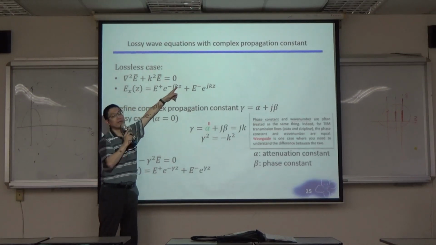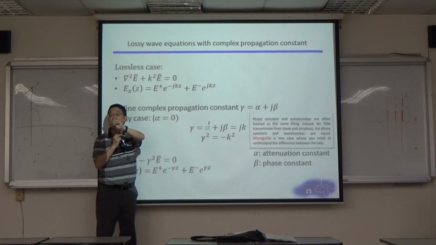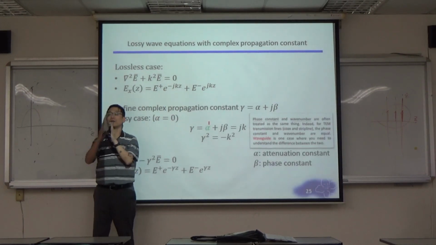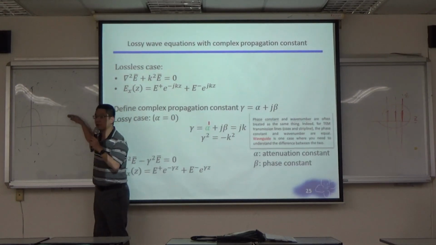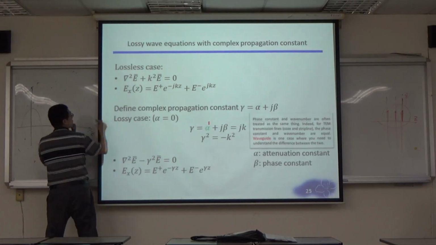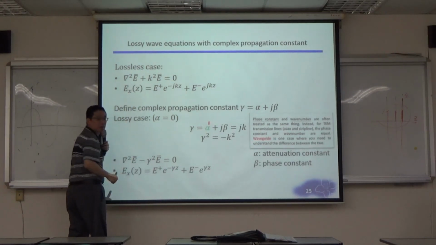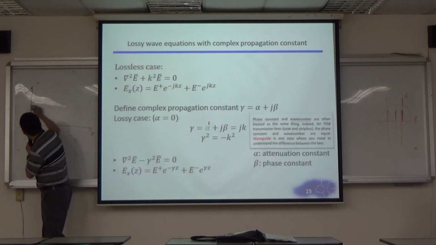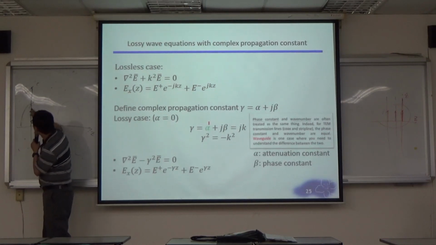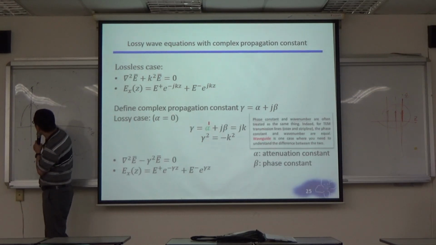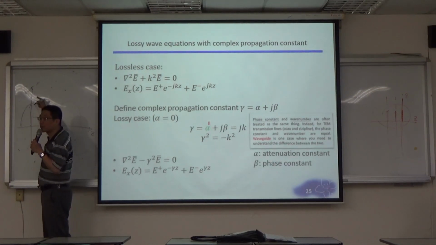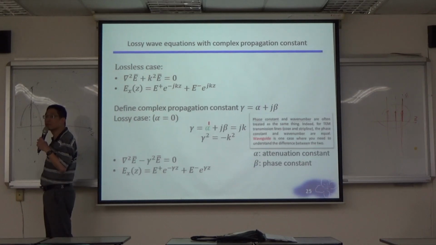This part is determining the phase, right? The kz is a phase. So your phase determines your shape. And what is your E plus? E plus is the magnitude. It is not 1. This is the magnitude, Ex, so the peak to peak is 2Ex.